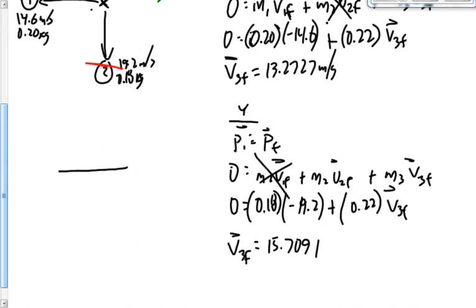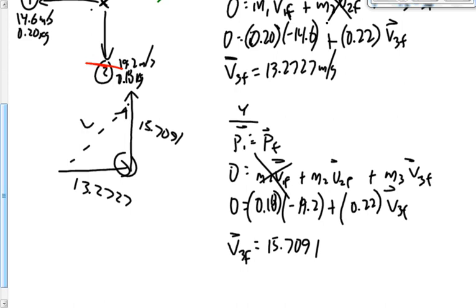So we've got one that's 13.2727, then we've got the next one that's drawn head to tail, 15.7091. Let's get the speed there by doing the Pythagorean theorem and the angle as measured from the beginning by doing the inverse tan function.